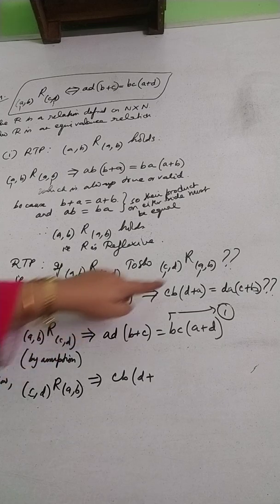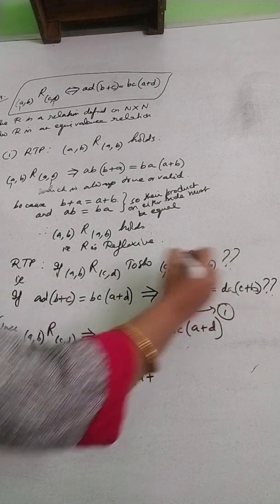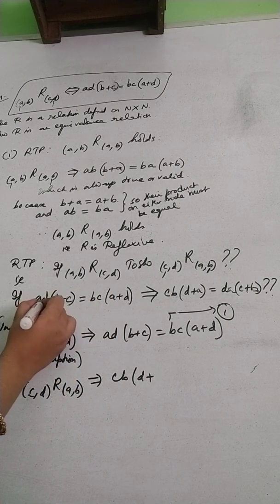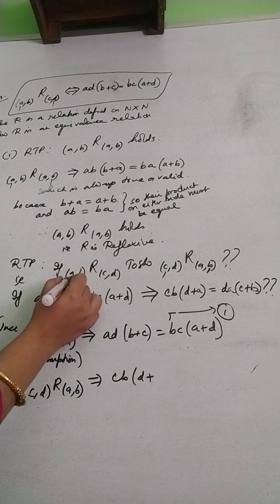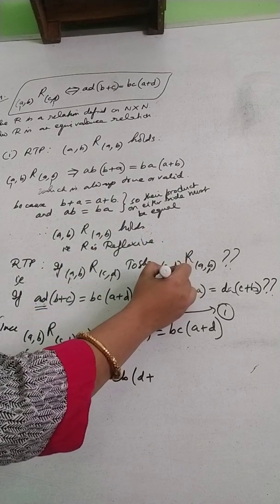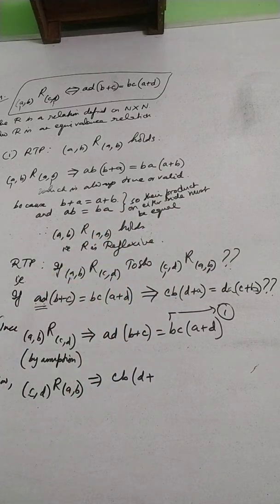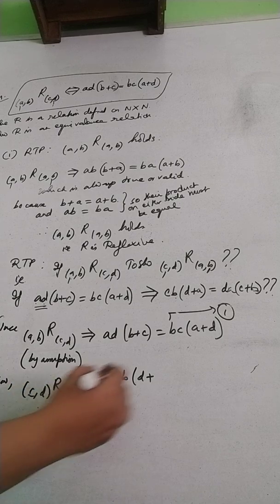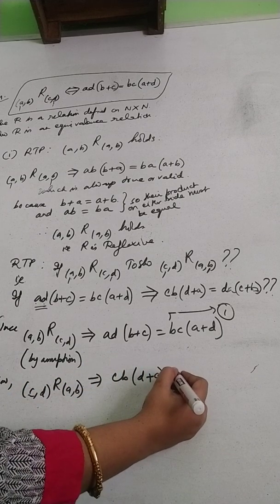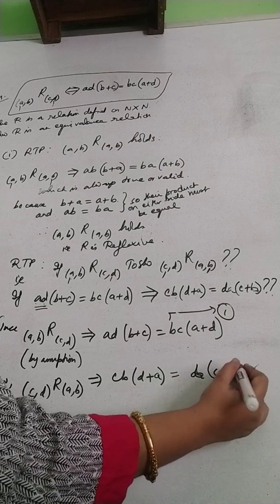It's between the first component and the last component. Here it is what? AD, first component and last component. First component of the first pair, last component of the second pair. Similarly, it should be CB into sum between the rest and then the reverse. Okay, so CD related to AB implies that it is CB into D plus A, which is related to DA into C plus B.